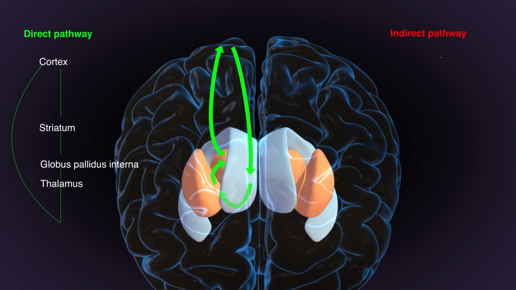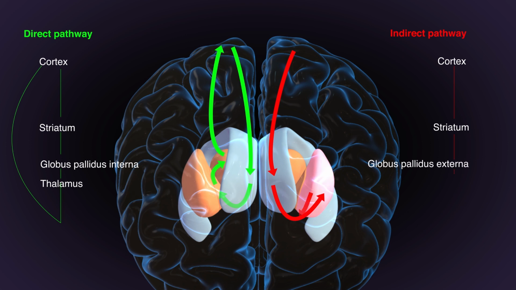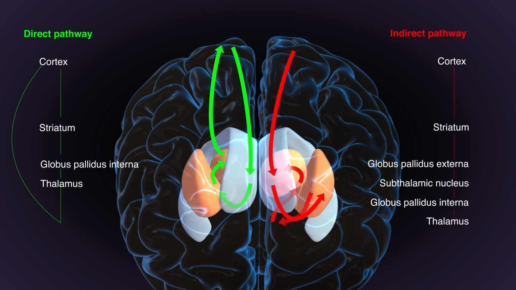The indirect pathway involves input from the cortex to a different set of cells in the striatum, which projects to the globus pallidus externa, which in turn projects to the subthalamic nucleus, then back to the globus pallidus interna, thalamus, and back to the cortex. The end result of this pathway is inhibitory, as shown in red here.